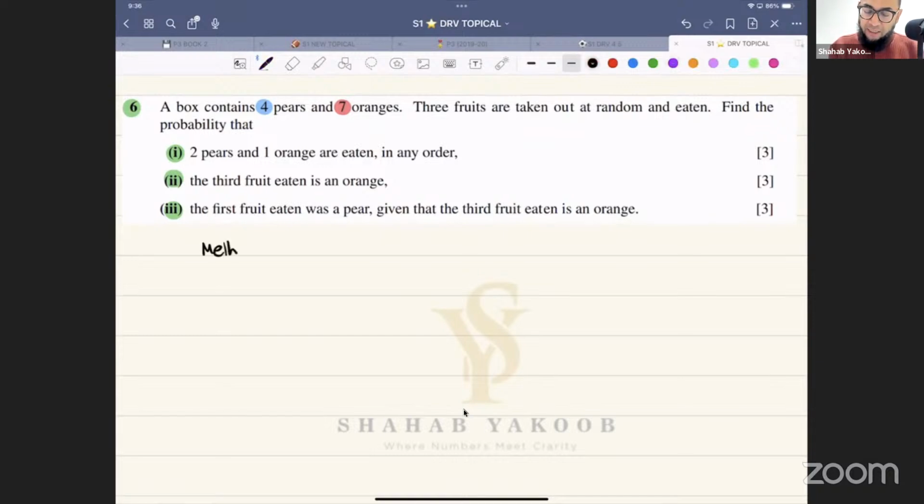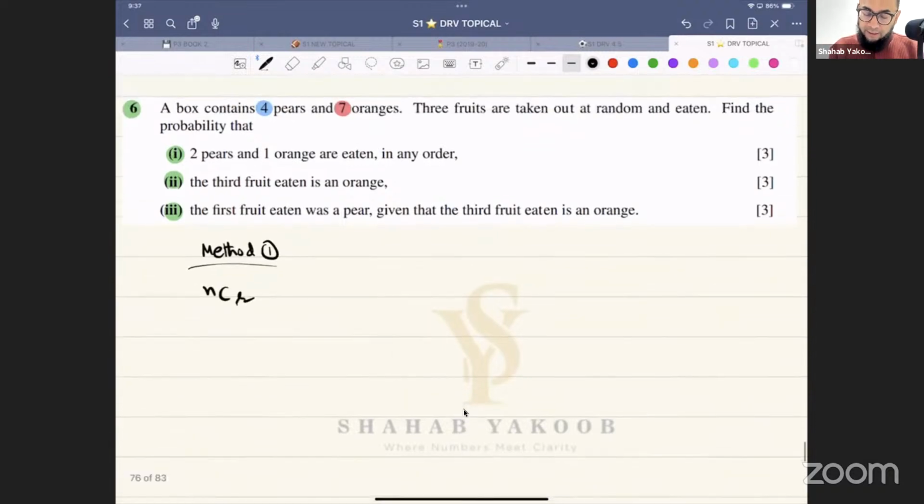If I apply method 1, that is nCr, without any restriction, this is 11C3. I'm not going to use the calculator. You know my way, I'll be using the calculator at the very end. I'm just getting some things ready, that is the pears and the oranges.